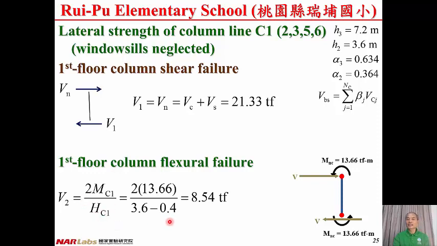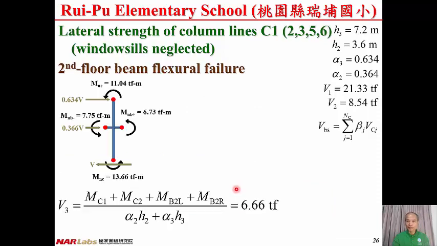HC1 is the clear height of the column equal to the floor height 3.6 minus the depth of the beam 0.4, and the moment strength of the column equal to 13.66. Therefore, V2, the lateral strength under failure mode 2, equal to 8.54 ton force.